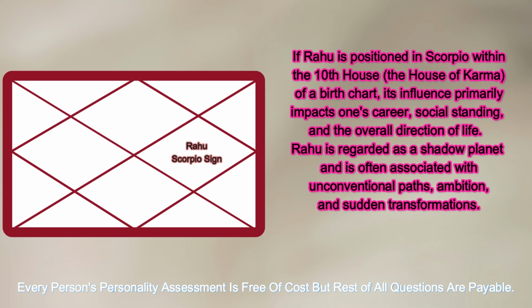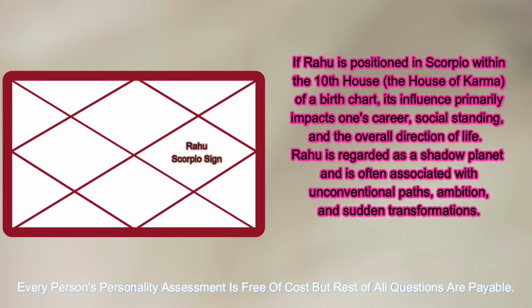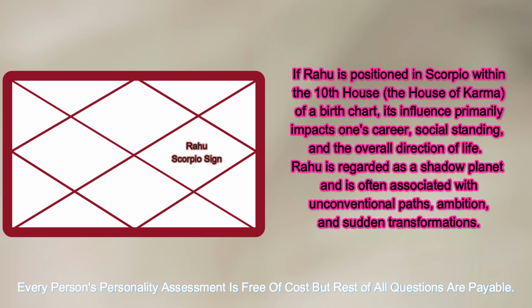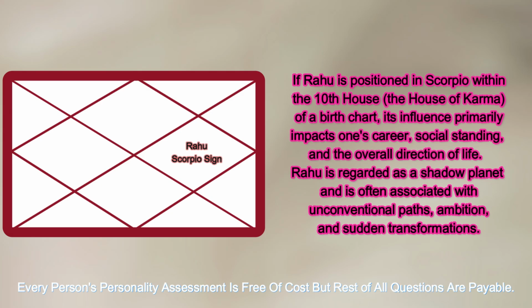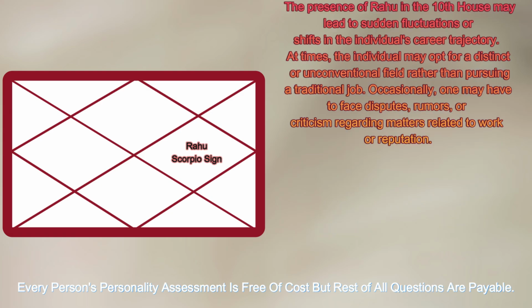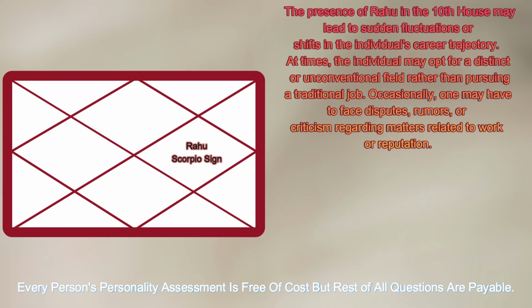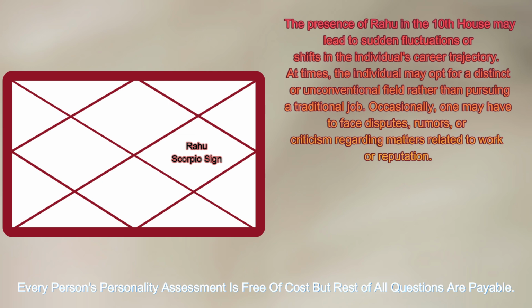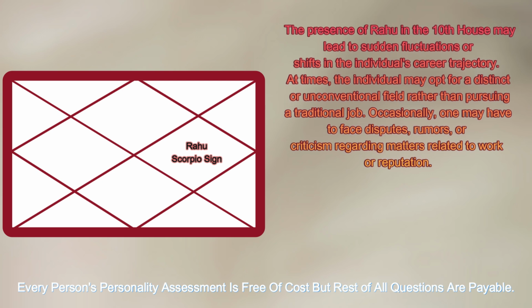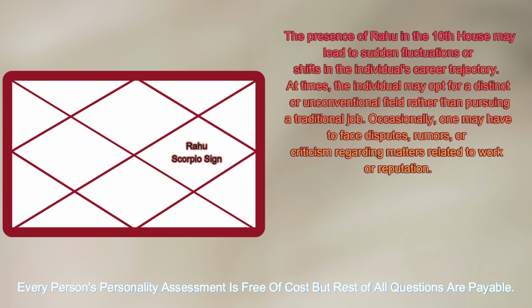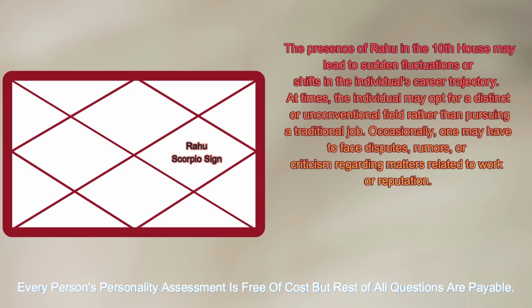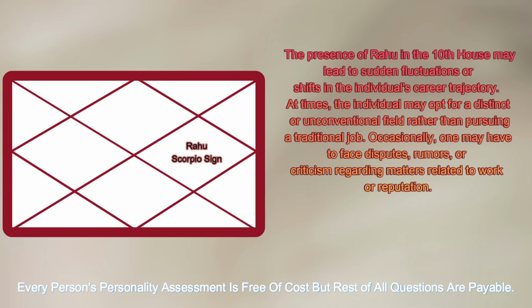Rahu is regarded as a shadow planet and is often associated with unconventional paths, ambition, and sudden transformations. The presence of Rahu in the 10th house may lead to sudden fluctuations or shifts in the individual's career trajectory. At times, the individual may opt for a distinct or unconventional field rather than pursuing a traditional job.